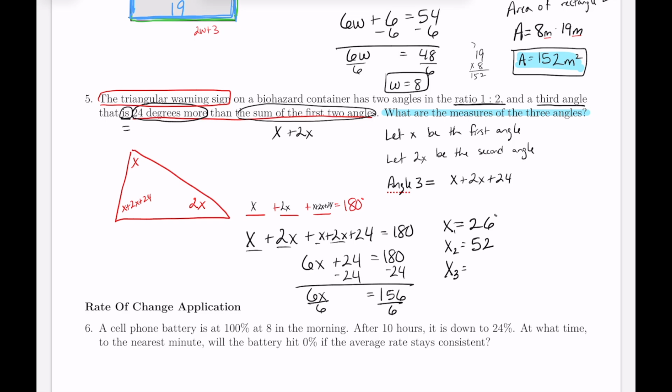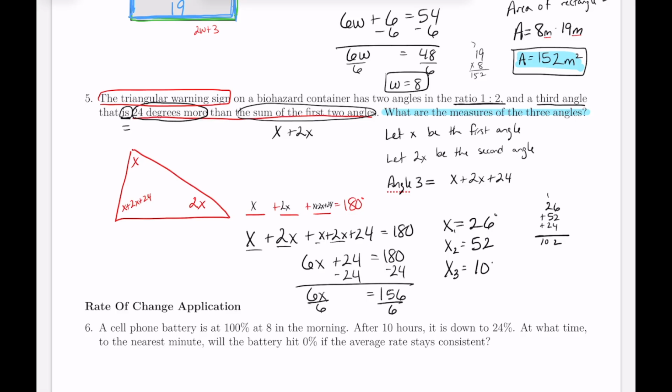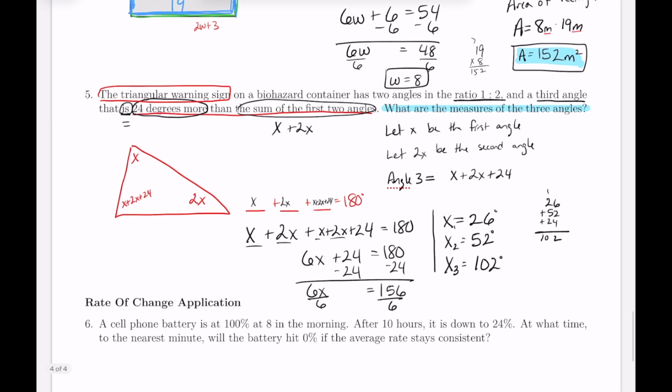I could add those two and subtract from 180, or I can add 26 plus 52 plus 24, because it said the sum of the first two and 24 more than that. So that gets me 102. There we go. What are the measures of the three angles? 26, 52, and 102.